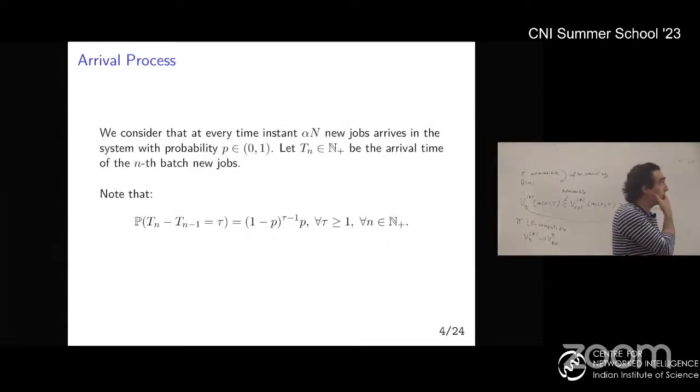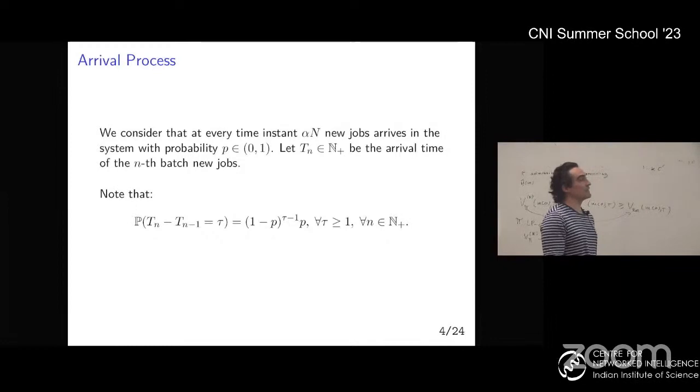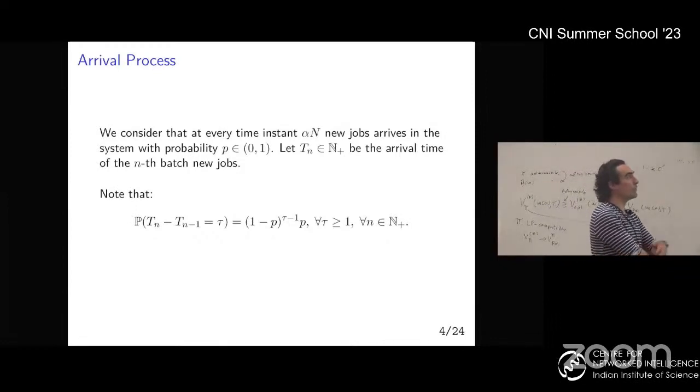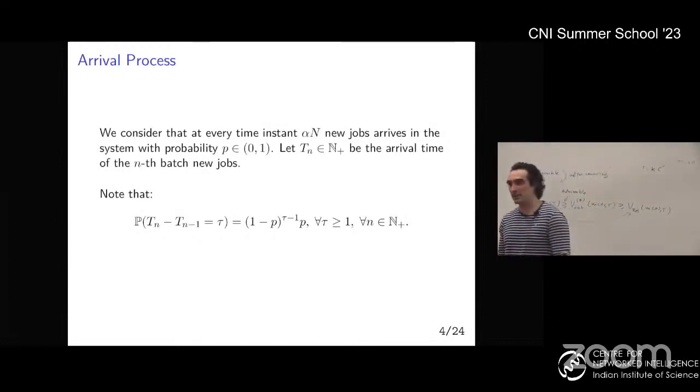Okay. So the arrival process in my queue is simply, I use a simple model where I assume that I have a batch of jobs that I will call alpha n, that arrive in the system with a probability P. And that Tn is the arrival time of the nth batch job. So the time is discrete, right?